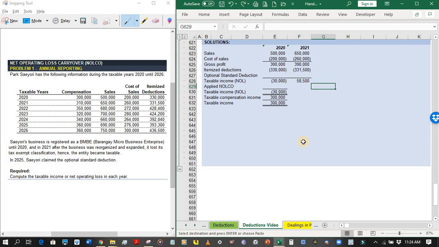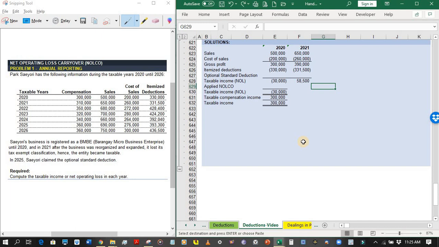So we have a net operating loss in 2020. The question is, is this allowed to be deducted from the 58,500 taxable income before NOLCO? Again, because the NOLCO can be deducted from the gross income in the 3 succeeding years right after the year the NOLCO was incurred.